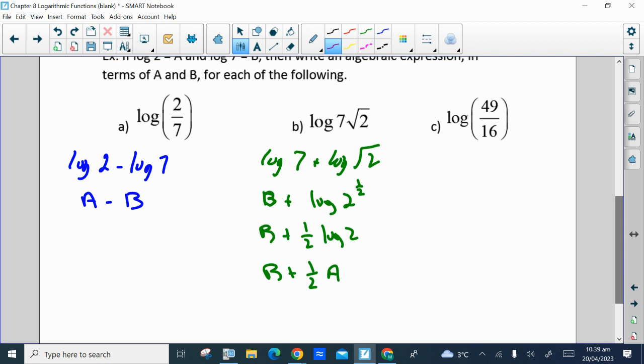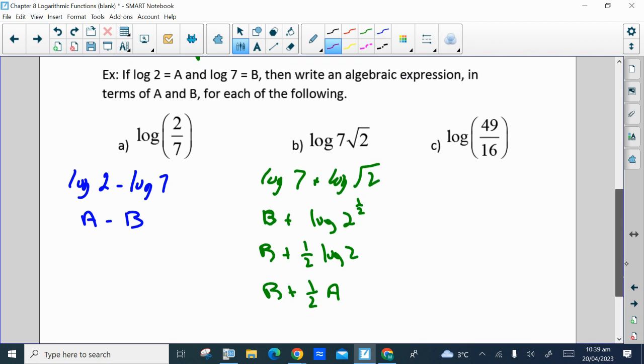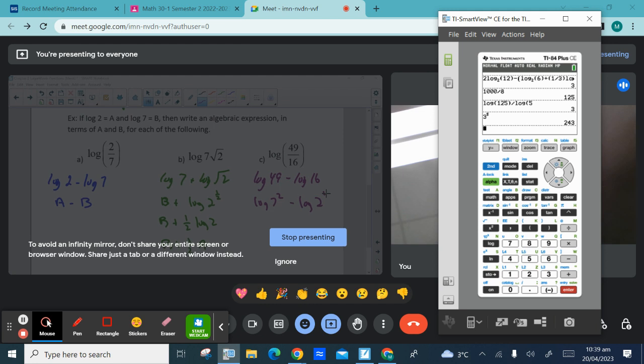Question C, well, we don't even see a 2 and a 7 there at all, but we can still do this because the 49 and the 16 are divided. That's the quotient law. That'll be log 49 minus log 16. And 49 can be written as 7 squared. So now we have log of 7. In the same way, 16 can be written as 2 to the 4th.